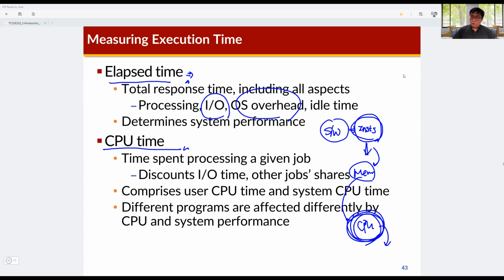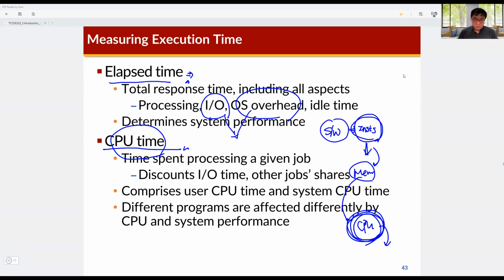In this course, we will focus on processor architecture, the architecture of the processor such as the CPU. So when we compare the performance of CPUs, we focus on the CPU time only, because it's not easy to handle the other factors. They are random factors, not determined factors.